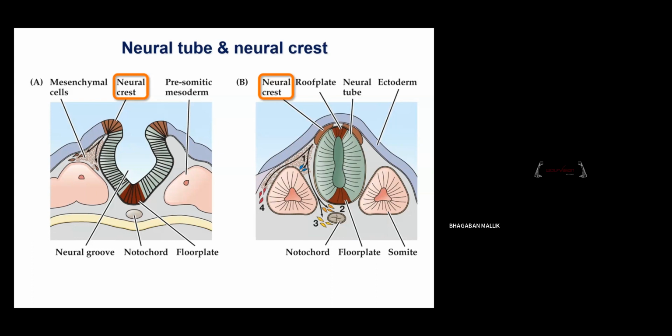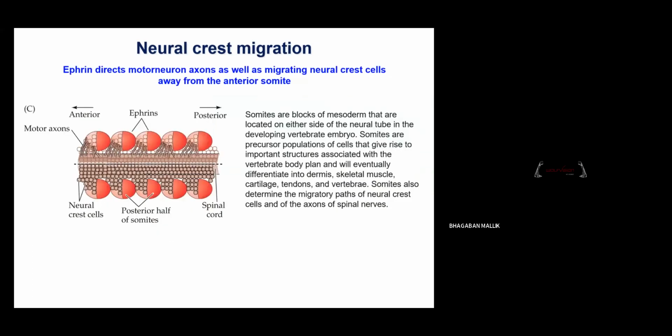Okay. So next, what happens is the migration and differentiation of cells from the neural crest. The migration of cells from the neural crest depends on a specific type of signal called ephrin, the afferent signal. Okay. So these are the different somites.